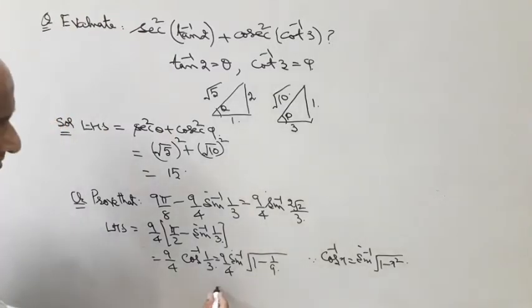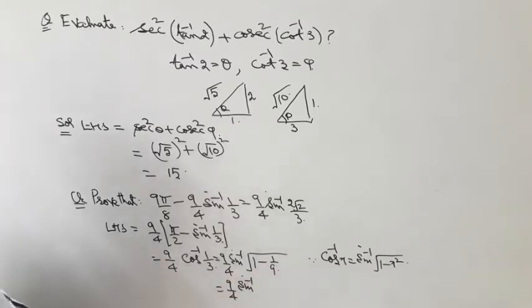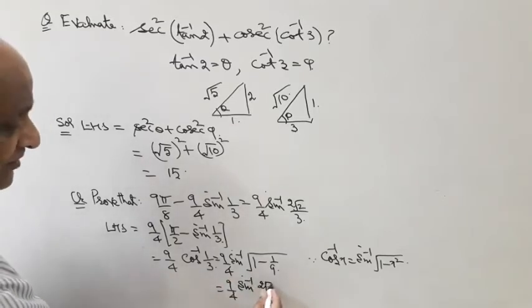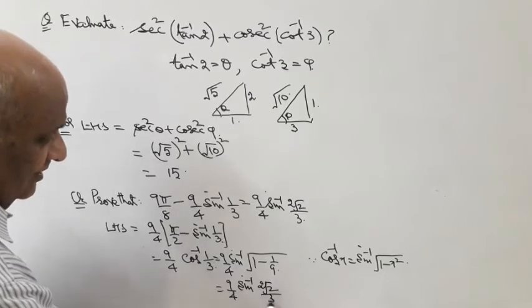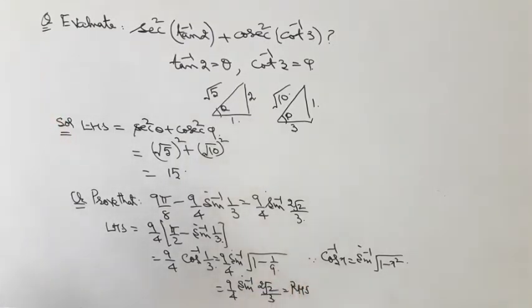So this is 9 by 4 into sine inverse of 8 by 9, that is 2 under root of 2 upon 3. This is given on the right hand side. Please see.